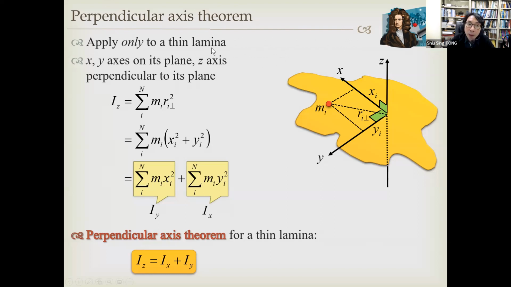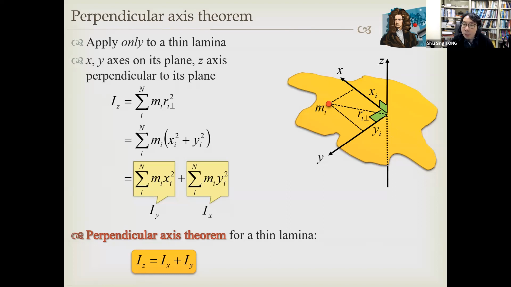We place the lamina in such a way that the surface of the lamina lies on the XY plane. So the X and Y axes are both parallel to the lamina, and the Z axis is perpendicular to the lamina, because the Z axis is perpendicular to the XY plane.